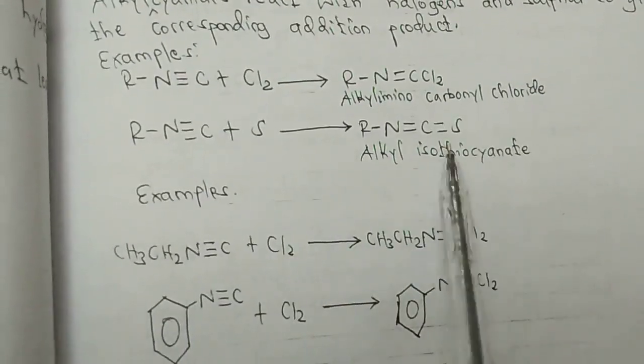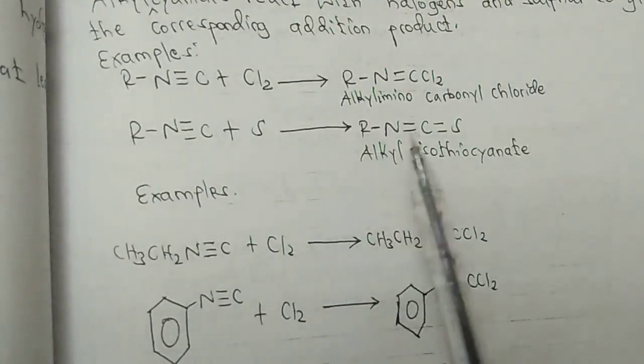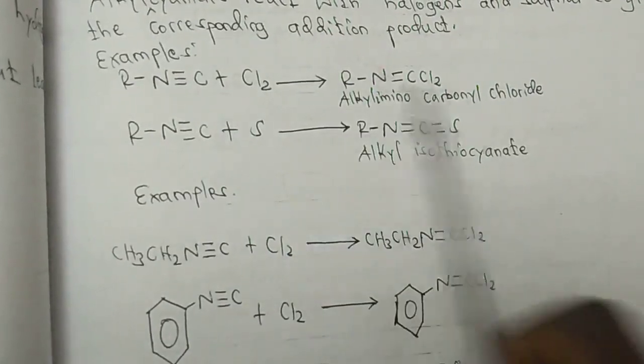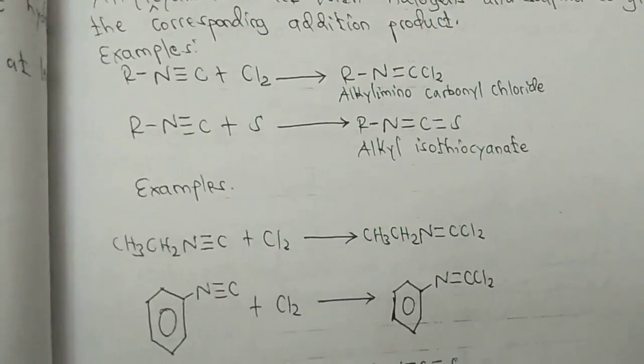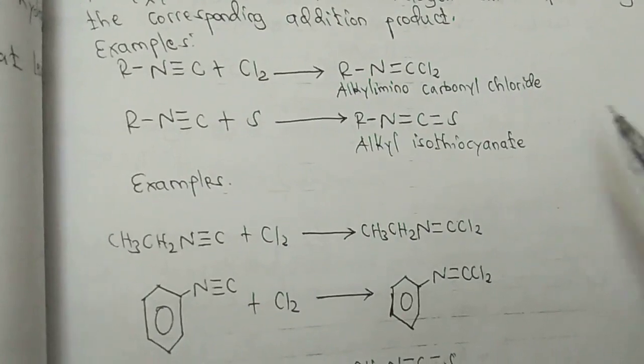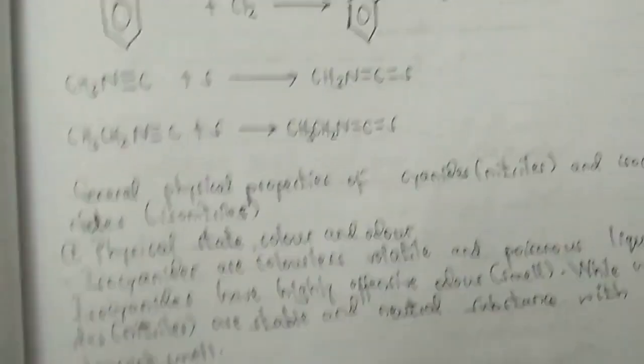Sulfur tunapata pale bondi mwingine, alkyl isocyanide. Huyu hapa ni alkylimino carbonyl chloride. So compound kama hizo pia zinakuwa formed.